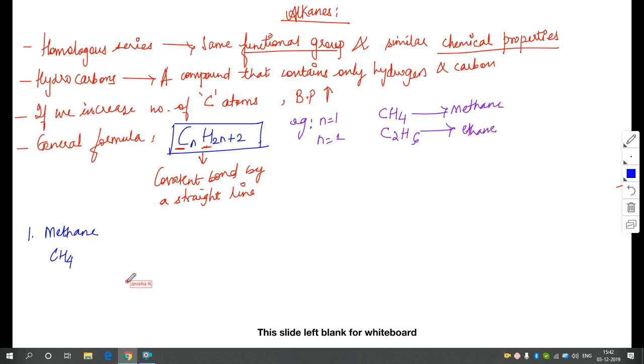The structural formula has C with four H, and this is how a ball and stick model will be drawn.